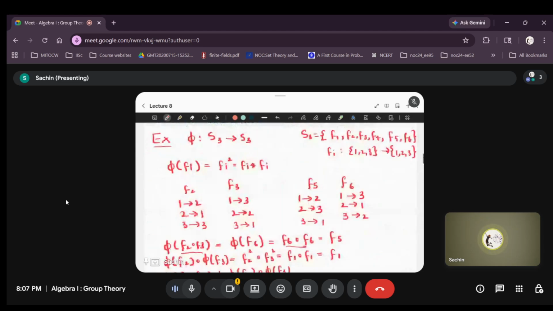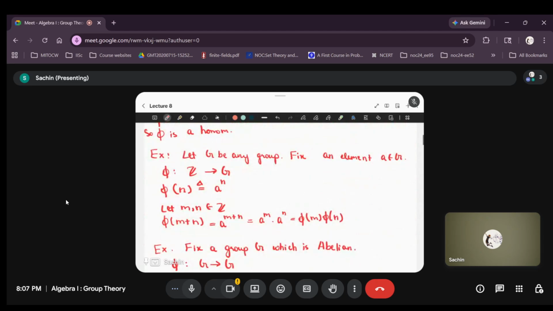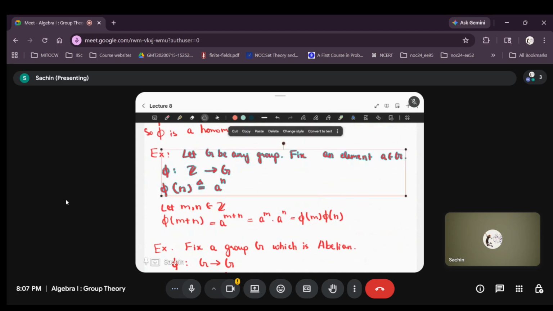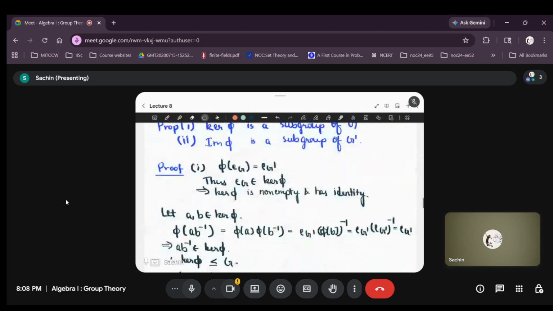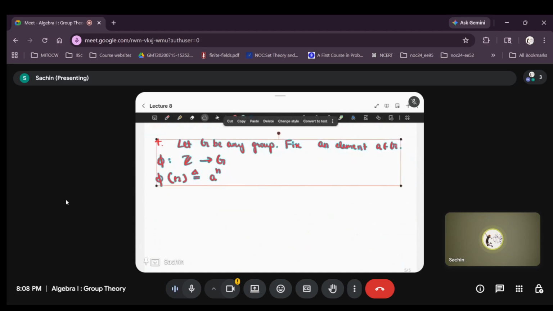The next example was: let G be any group, fix an element a in G, and phi of any integer n is a to the power n. Here, what is the kernel of phi?